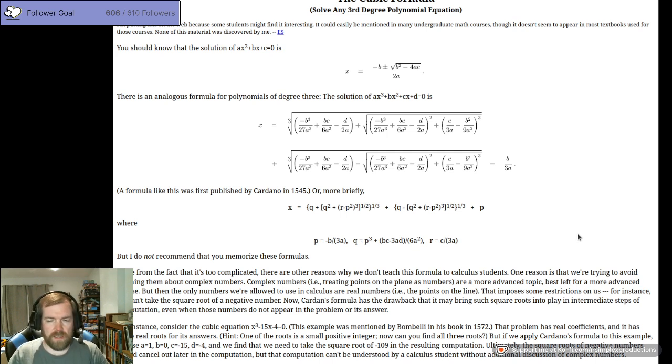And he was asked by numerous people if he wouldn't mind sharing his cubic equation solution, and Tartaglia said, no, I'm going to use this. It will be my key to holding on to this professorship position. And that was the end of it.